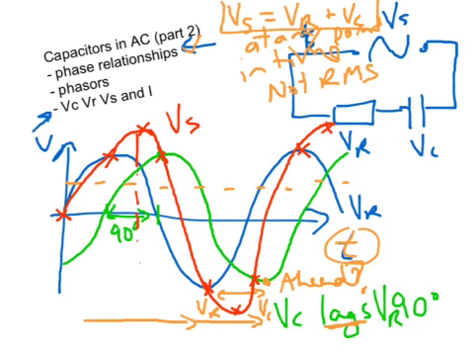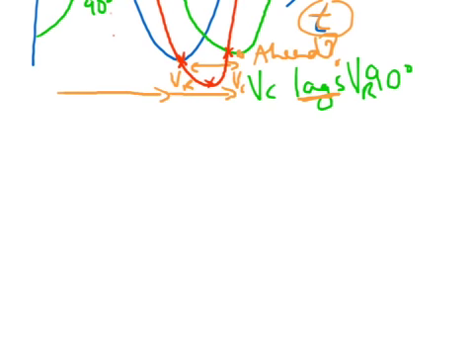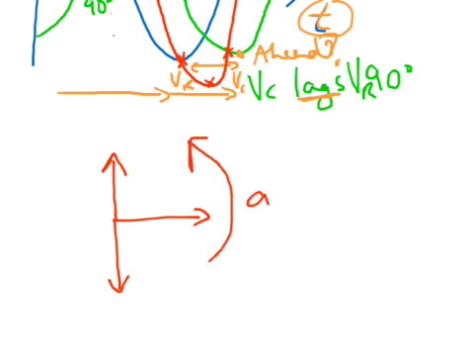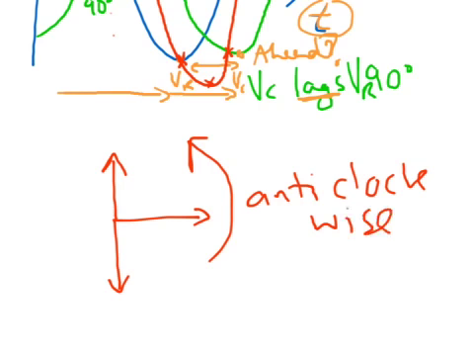And how we can work that out is by using these phasors here. And a phasor is, if you remember from simple harmonic motion, a rotating vector which will rotate anti-clockwise. So remember that's always anti-clockwise rotation, and this would be VR.